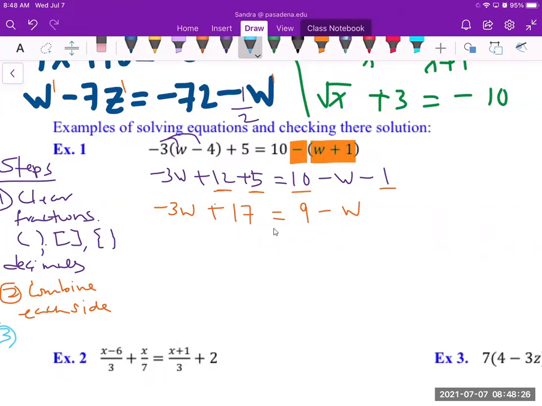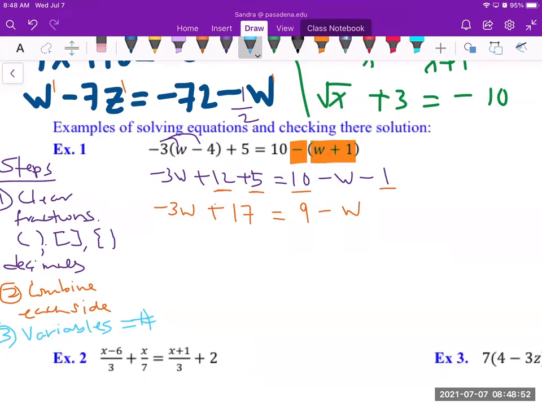Okay, step 3. Move the variables to one side and numbers with no variables to the opposite side. So we want all the variables on one side, equal to all the numbers on the other side. By doing that, we are going to be adding the opposite sign in front of your variable.